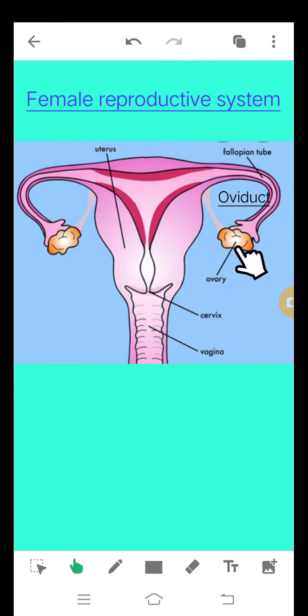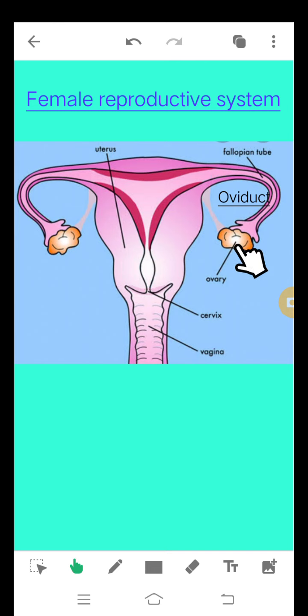Okay, so this is the ovary. This ovary is then continued with the tube which is called the oviduct, also known as the fallopian tube, and each ovary has such a tube. Here also this ovary is continued with the oviduct.